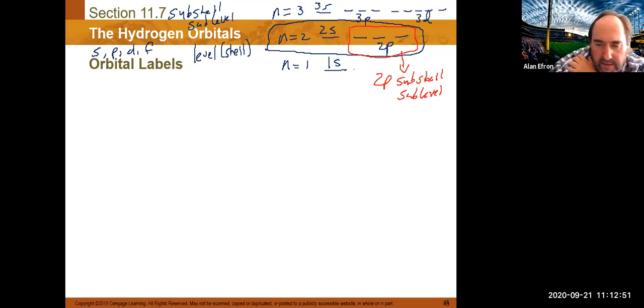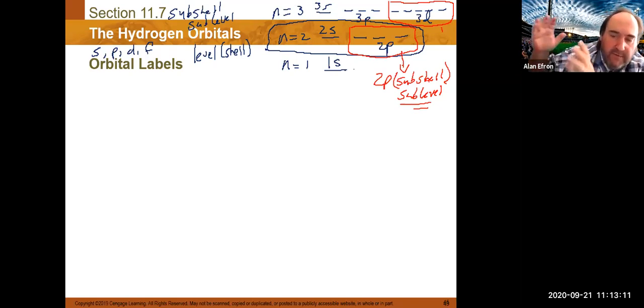So we'll go with sublevel. And again, if we're talking about a 3d sublevel, it would be the set of 5 individual d orbitals that together make up a subshell or sublevel. So level or shell is every single individual orbital on a particular energy level. When we talk about a sublevel or a subshell, it's a group of individual orbitals that are together.